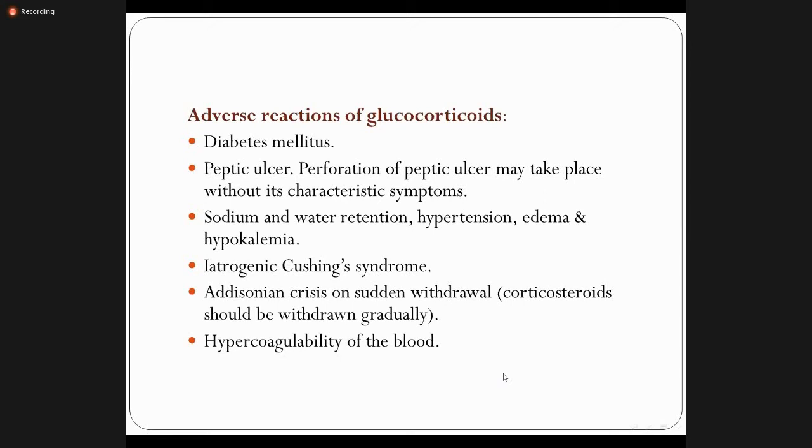So when we block the synthesis of arachidonic acid, there is no synthesis of prostaglandins, because prostaglandins play a vital role and are involved in different physiological functions of the body, right? One function is that they prevent the formation of ulcer, through prostaglandin I2 and prostaglandin E2.